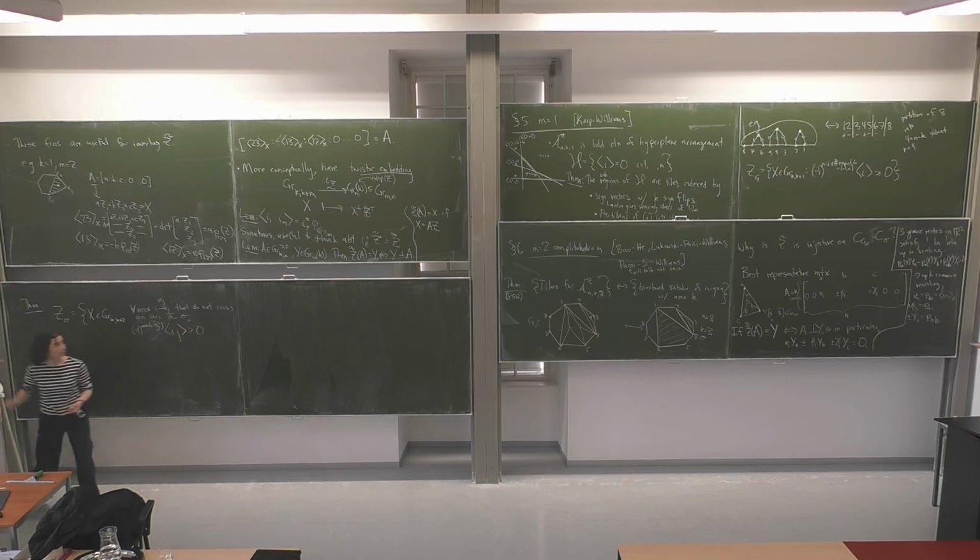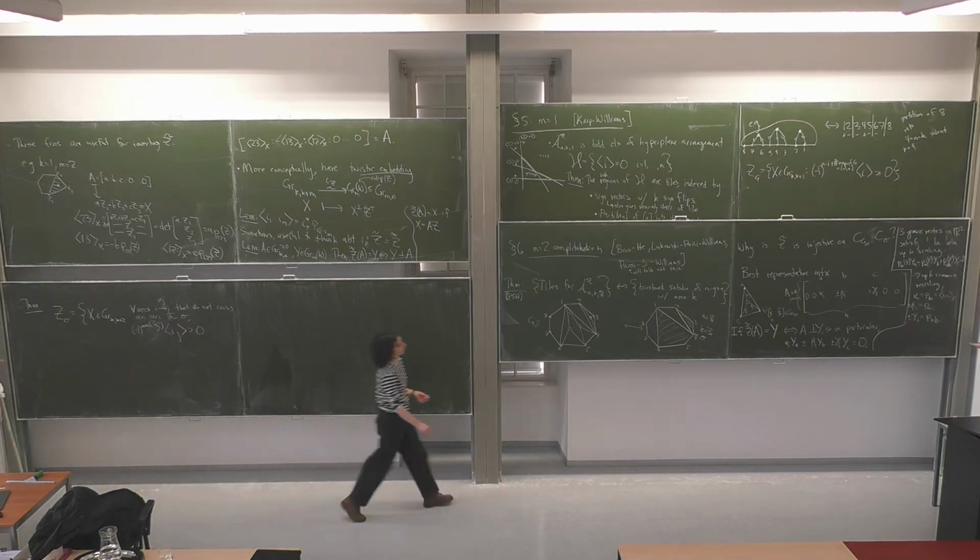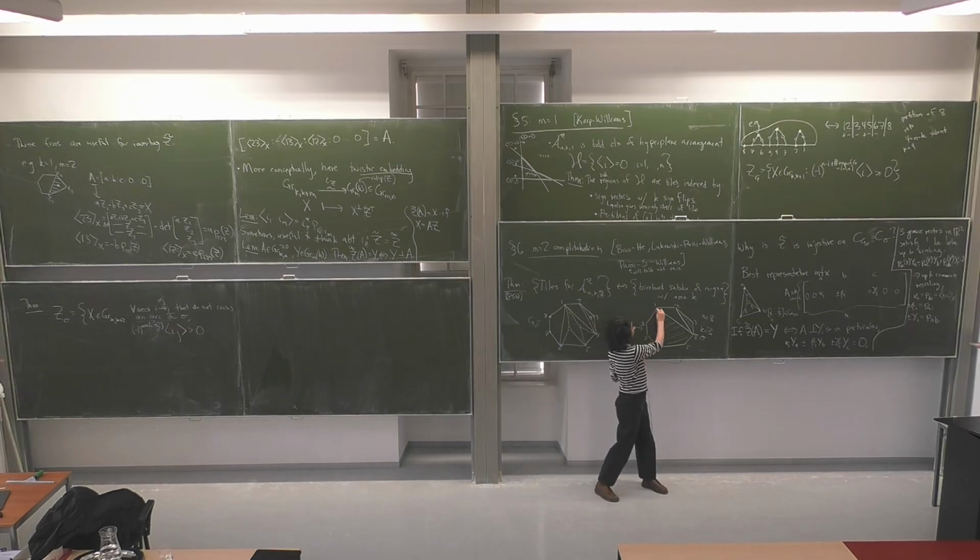Here's an arc, 1 to 5, that does not cross the arcs of my subdivision. To the left of the arc 1 to 5, I see 2 black triangles, this one and this one. So the area to the left is 2.